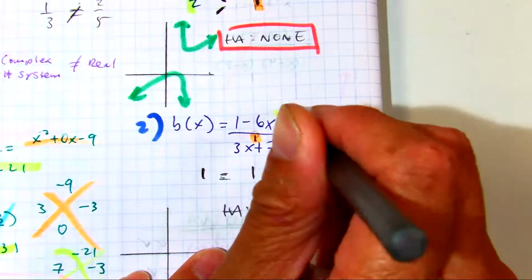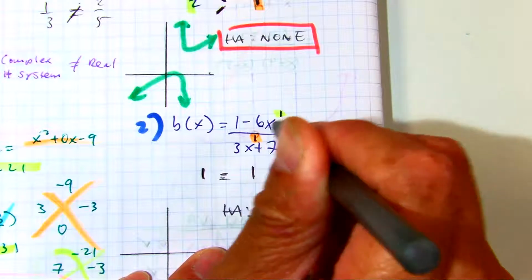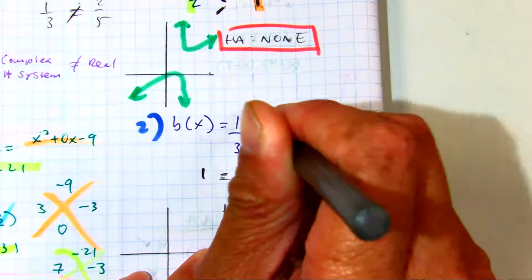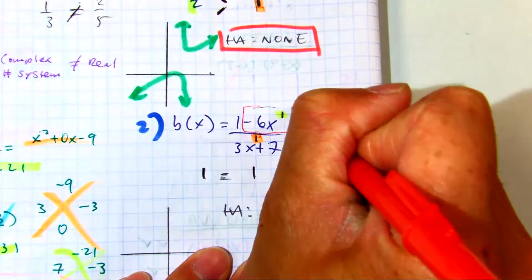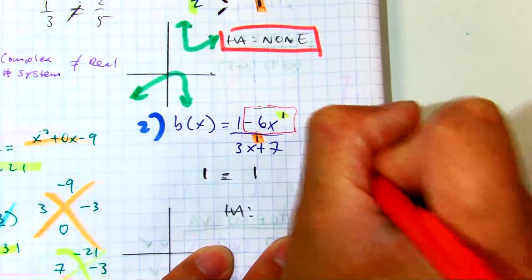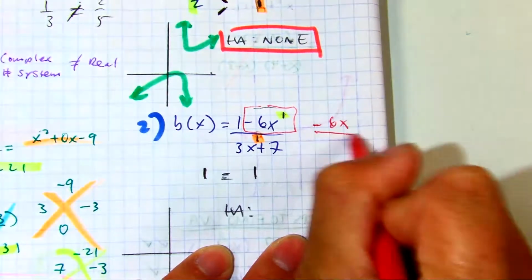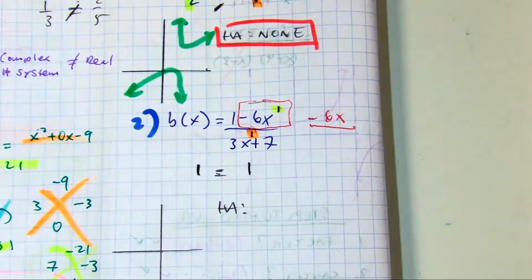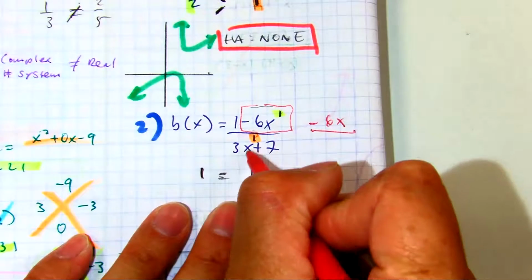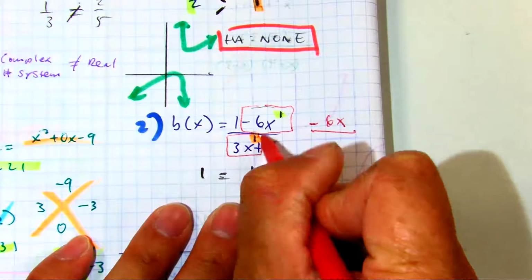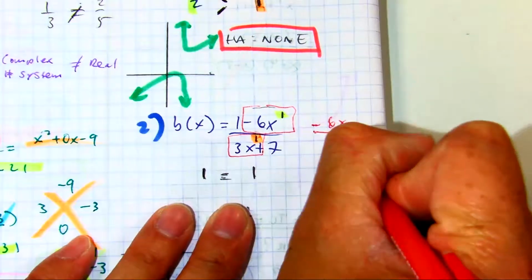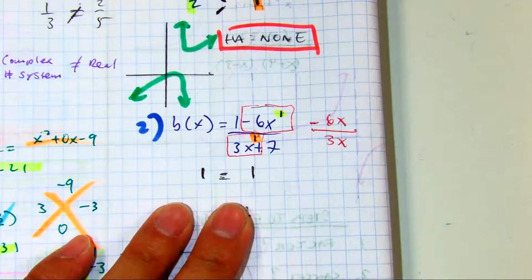I'm going to take the highest degree and all of it with it. So let me use my red pen. So this becomes -6x. Okay? And then this is your highest degree in the denominator. So I'm going to take all of it. This is 3x. And we basically just need to reduce this.